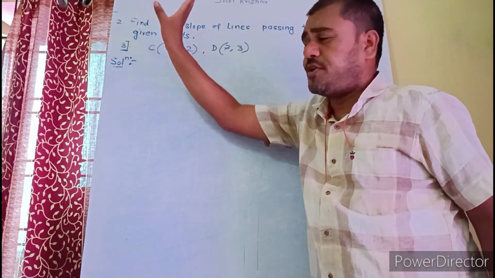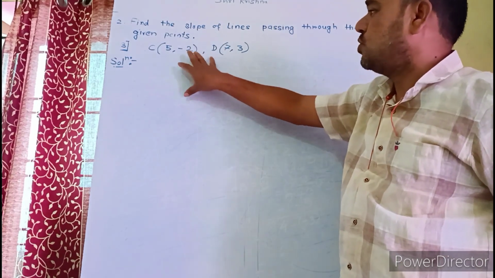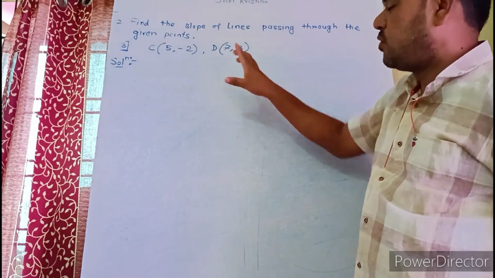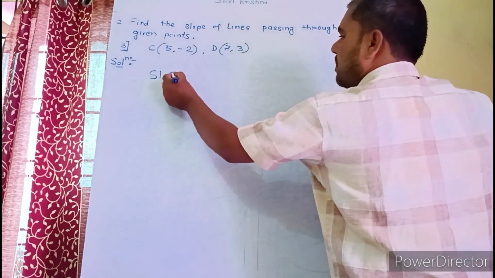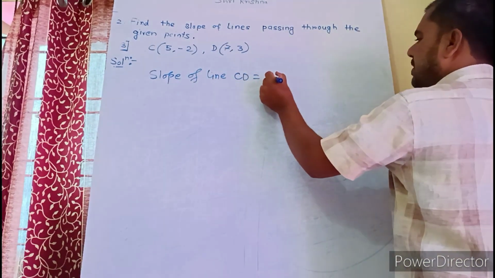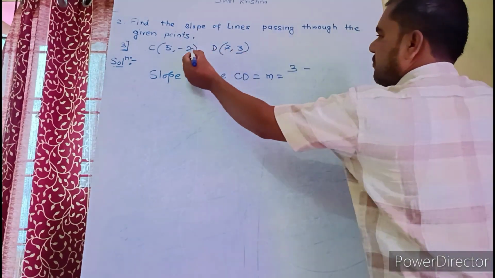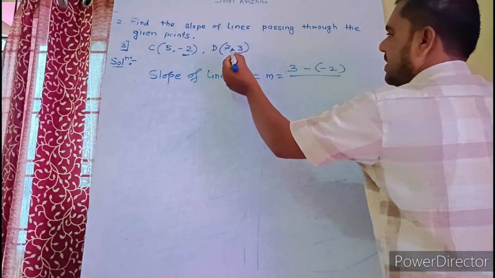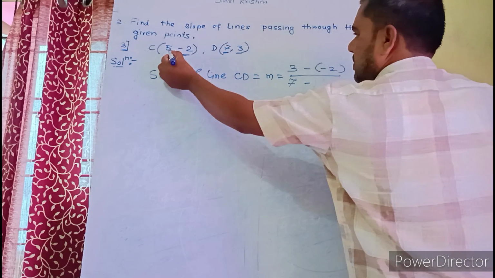Sub-question 3 of question number 2. The points are given, that is point C and point D, with coordinates (5, -2) for C and (7, 3) for D. We directly find the slope of the line. Therefore, slope of line CD, that is M, will be equal to y2 minus y1, that is 3 minus (-2), divided by x2 minus x1, that is 7 minus 5.